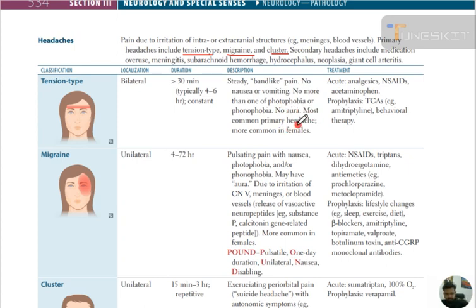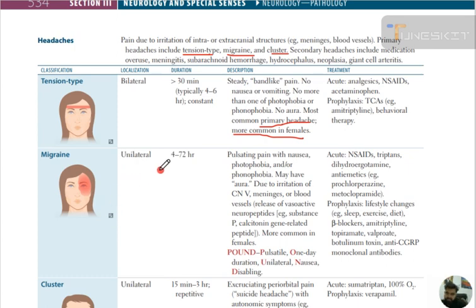Most common primary headache. More common in females. Treatment: acute cases can be treated with analgesics like NSAIDs, acetaminophen. In prophylaxis, we can give tricyclic antidepressants like amitriptyline, and behavioral therapies.